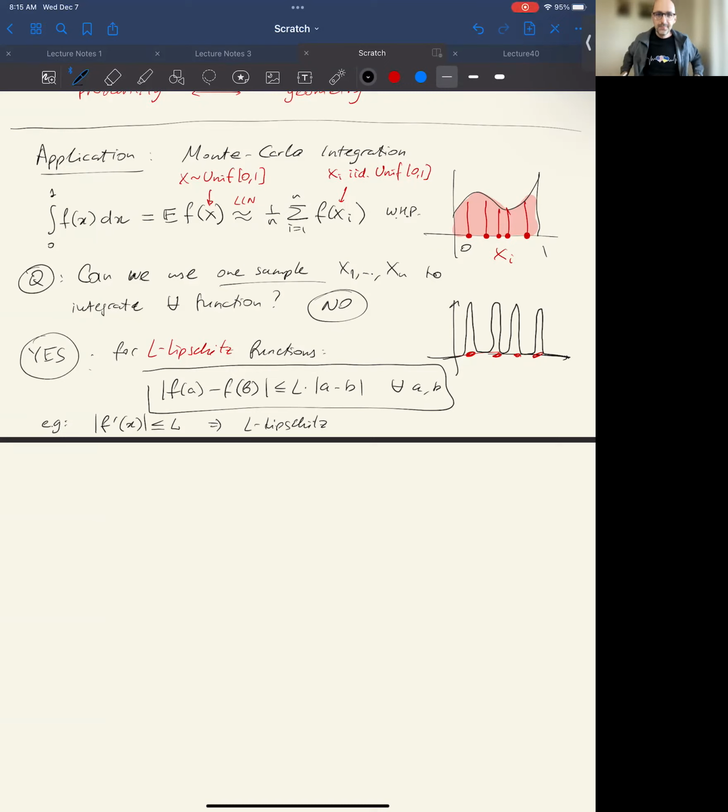The notion of Lipschitz function is a little more general than differentiability. For example, the absolute value function is Lipschitz, but it's not differentiable at 0 because of this point. So it's allowed to have some non-differentiability points, but generally it's like a differentiable function.